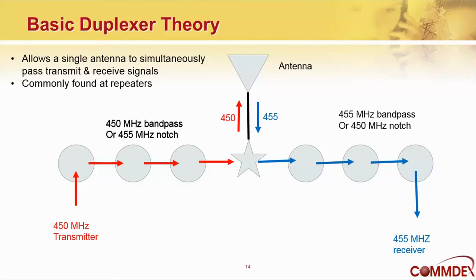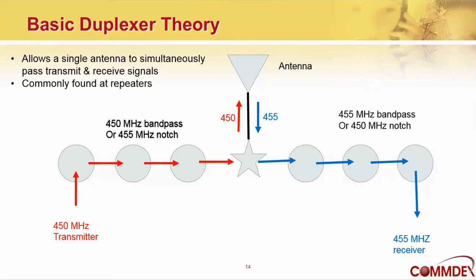The transmitter is going to transmit at 450 megahertz. So we can have a series of bandpass filters tuned for 450, or we can have one or two notch filters tuned for 455. And what that will do is provide a low impedance path from the transmitter to the star point.